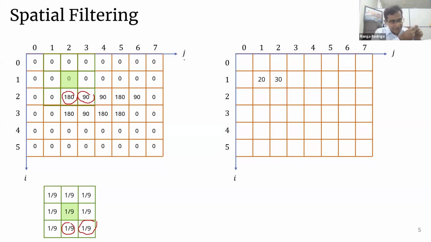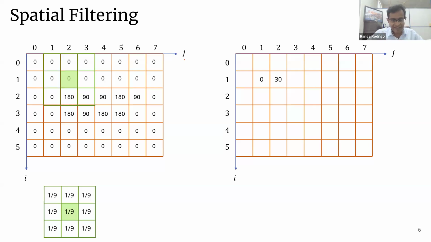In point operations, we design the vector T of length 256. In spatial filtering, we design this kernel. What you have here right now is all 1/9s. It's an averaging kernel. It adds all the numbers and divides by the number of pixels inside the kernel, 9.